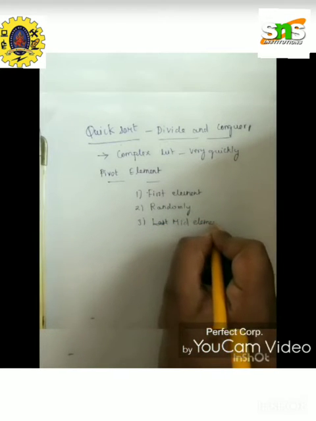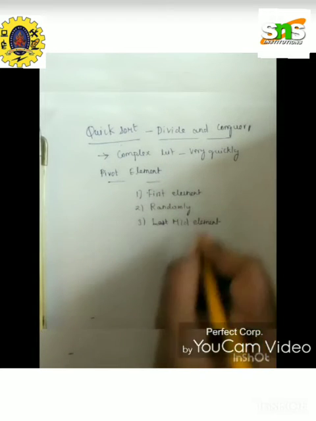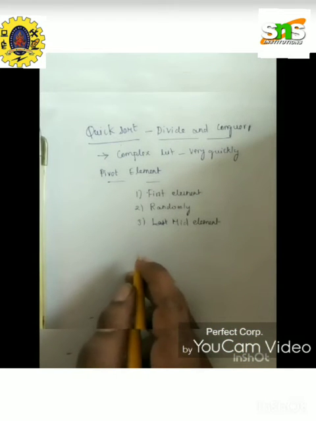These are the three methods of choosing a pivot element. Here we are going to discuss the first element as the pivot element.